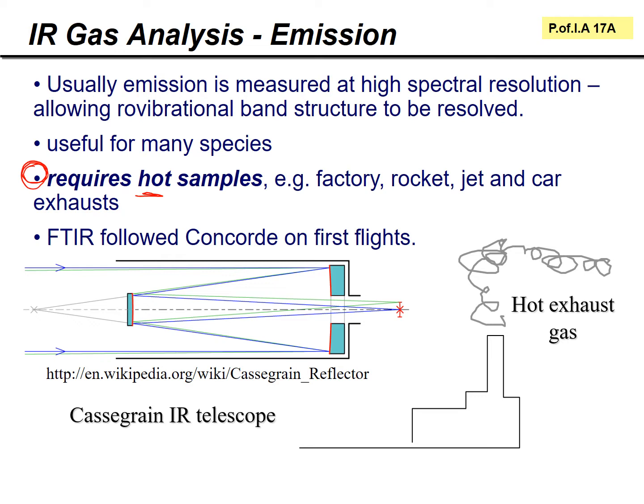This little picture here is a ray diagram of what's in a Cassegrain telescope. And so by using optics which are coated to reflect infrared radiation, a setup such as this can get quite high collection and detection at the focal point there by this folded back light path.